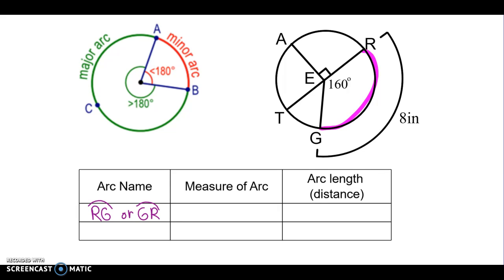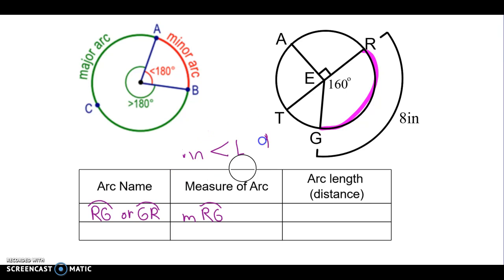When we do measure of arc, we're going to do a little m and then the arc name. Think back to earlier in the year when we had measure of angle E. What were we looking for if we had that symbol? This whole thing, measure of angle E, in what?